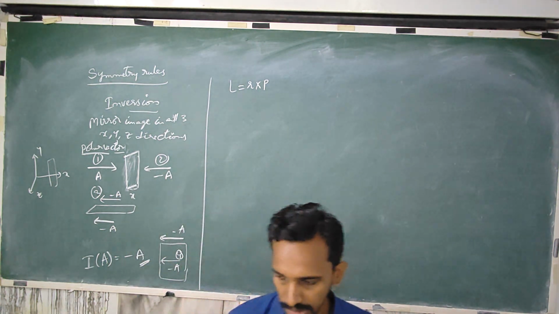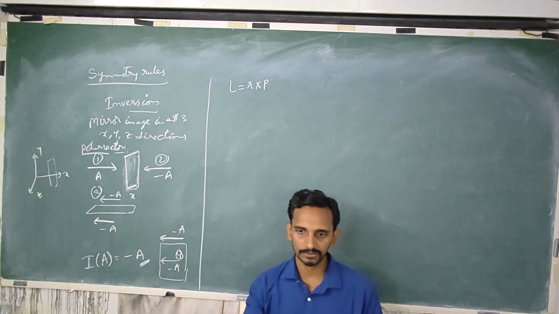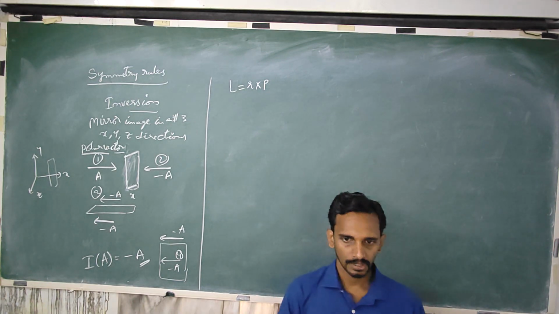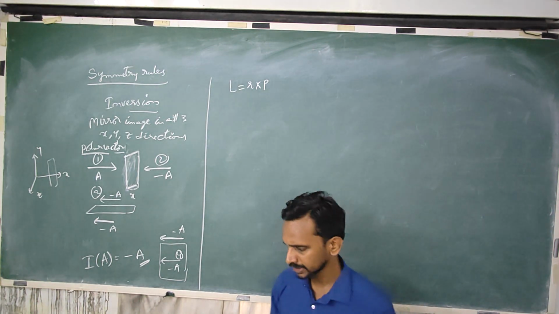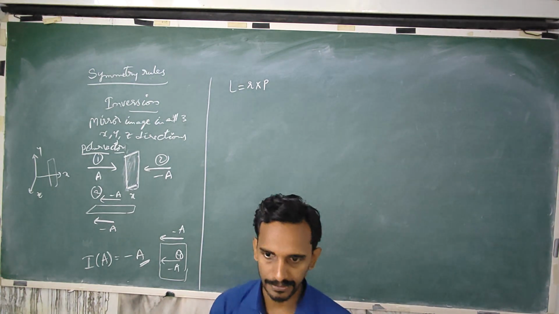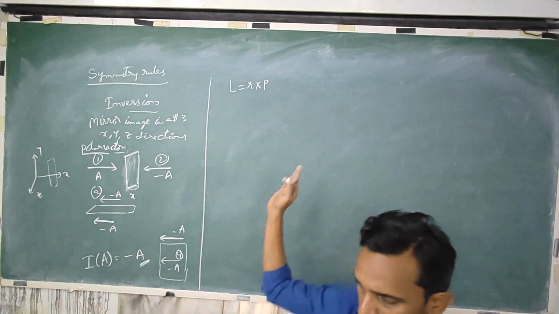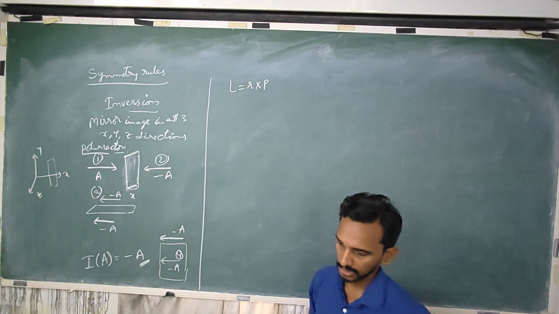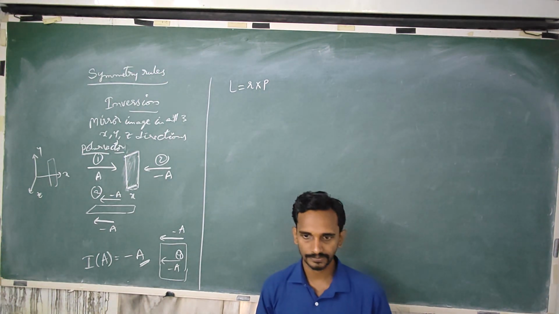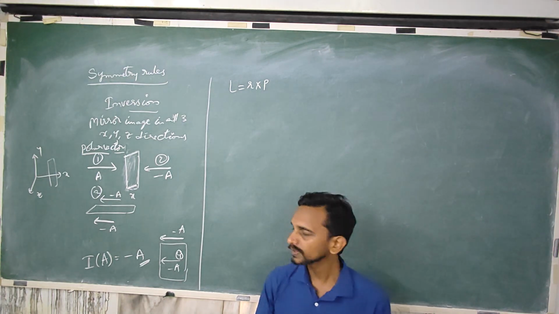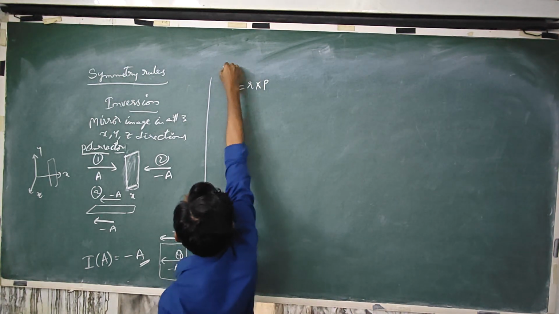If you are considering displacement, the direction of the vector gives you the direction of motion. Even acceleration, force, everything: the direction of the vector represents the direction of activity. Here, for pseudo vectors, the direction of the vector is actually perpendicular to the direction of activity. So these are called pseudo vectors.